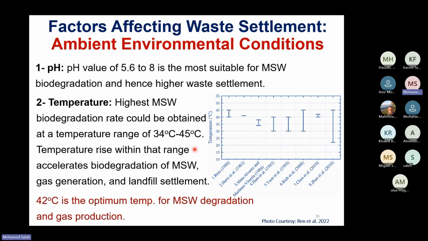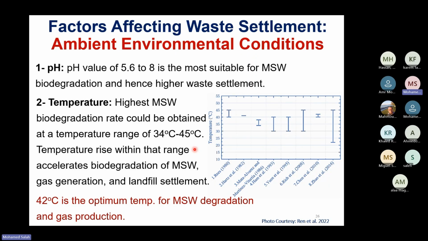Another factor is the ambient environmental conditions. So what could be the environmental conditions that affect the waste settlement? First, the pH value of the waste. How could the pH value of the waste affect the settlement? This is mainly related to the biodegradation, to the bacterial activity inside the waste, and bacterial activity at the end of the day is a chemical reaction.